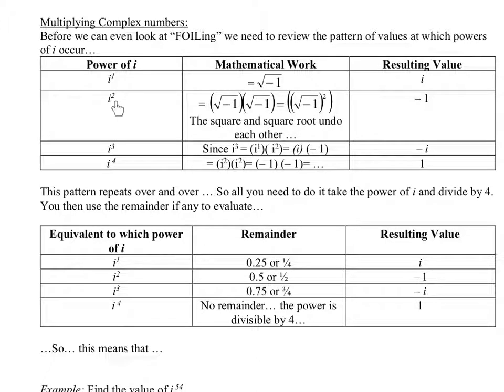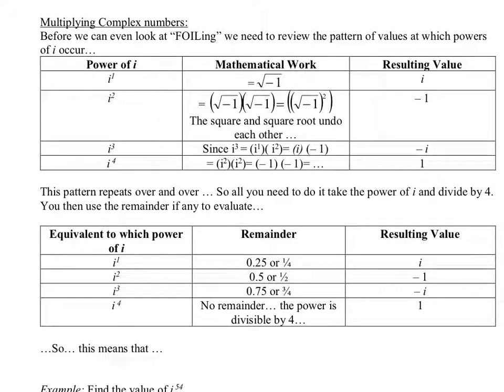So if you have an i squared, that's going to be the same thing as -1. Now if I cube i, that's going to be the same thing as i to the first power times i to the second power, which is the same thing as i times -1, because we already said that i to the second power is -1. So we end up with -i.